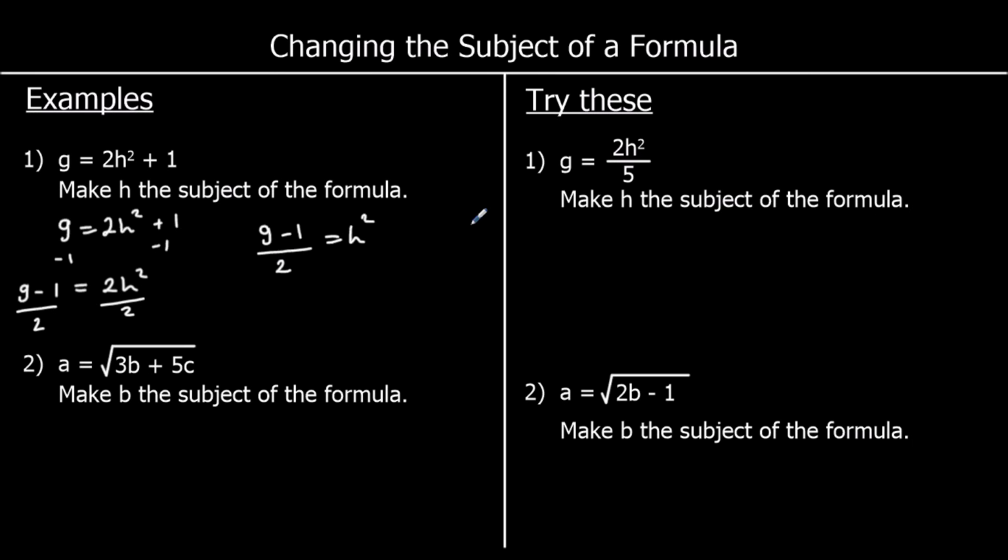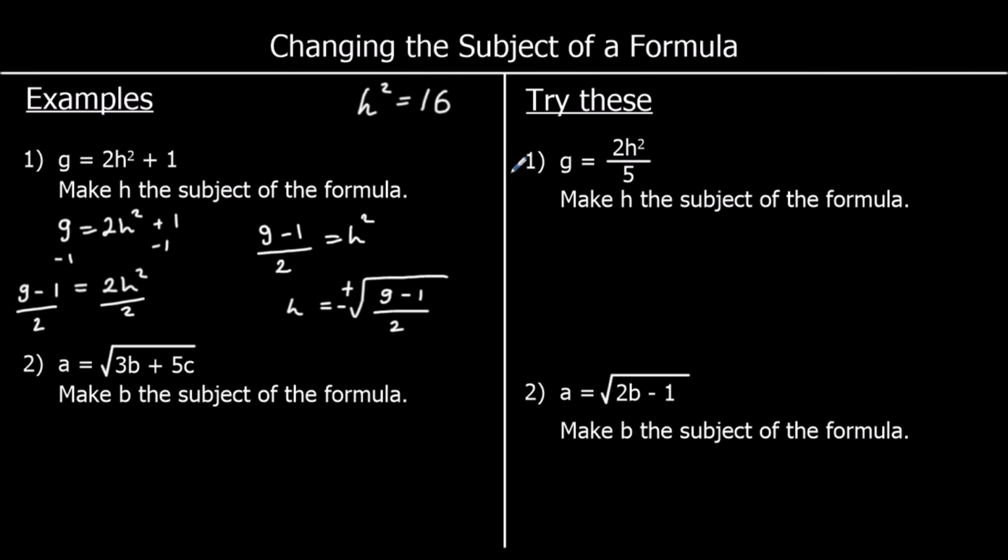And to get rid of a squared, we do the opposite of squaring, which is square rooting. So h equals the square root of g minus 1 over 2. And I'm going to write plus or minus in front of the square root. And that is because if I had h squared equals 16, h could be positive 4.